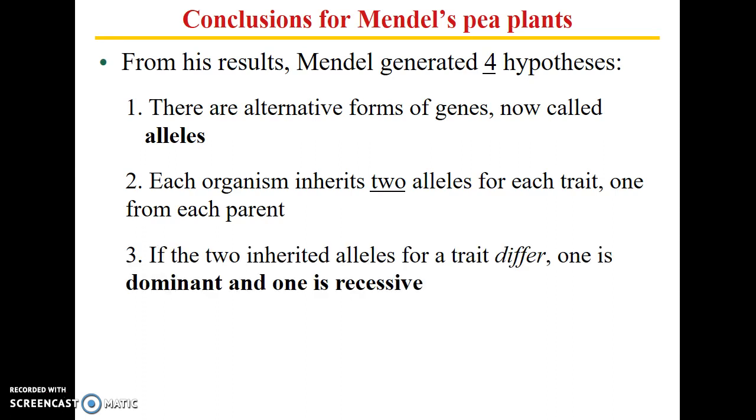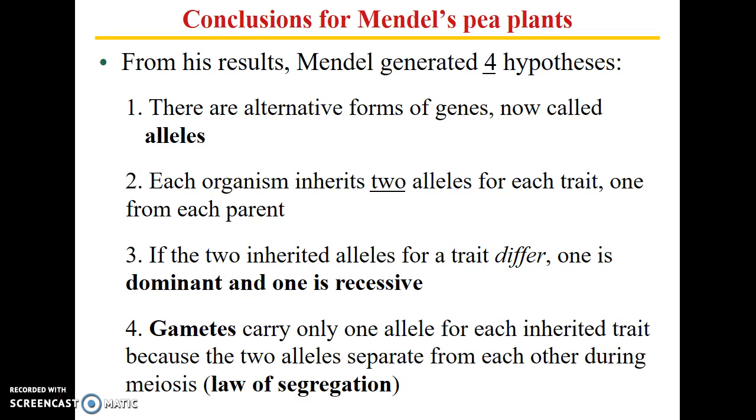Number 3, if the 2 inherited alleles for a trait differ, one is dominant and one is recessive. And number 4, the gametes, what are equivalent to our sperm and egg cells, carry only 1 allele for each inherited trait because the 2 alleles separate from each other during meiosis, and this is what's known as the law of segregation.